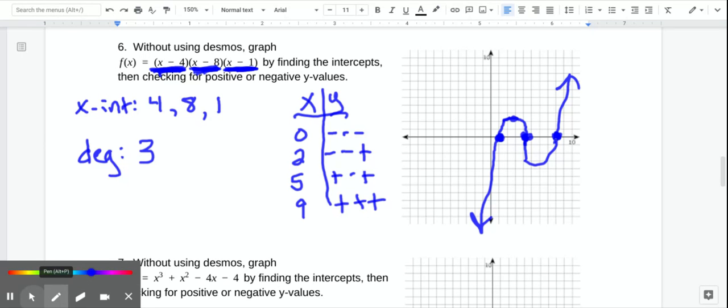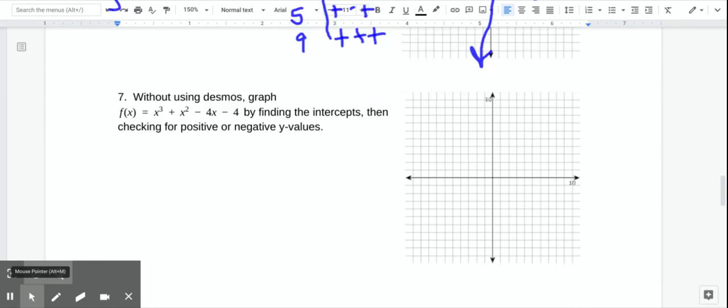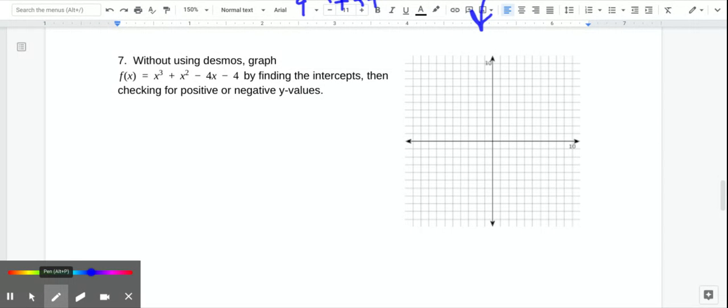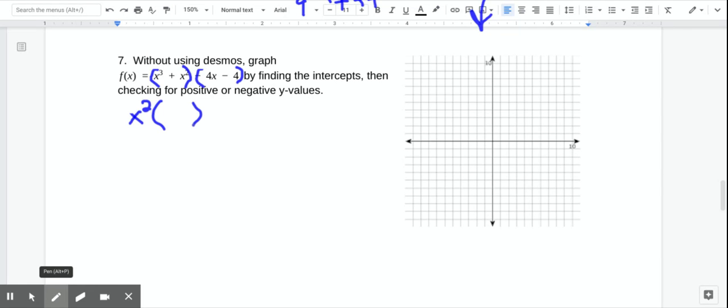All right, we're going to take a look at one more problem like this. Now the problem with this one is it's not factored. When we have something with 4 terms, we can factor this by grouping. Hopefully you remember this from Algebra 1. Out of that first group, we can factor out an x squared, which leaves us with x plus 1.